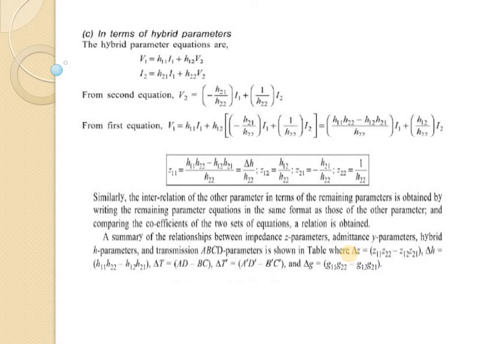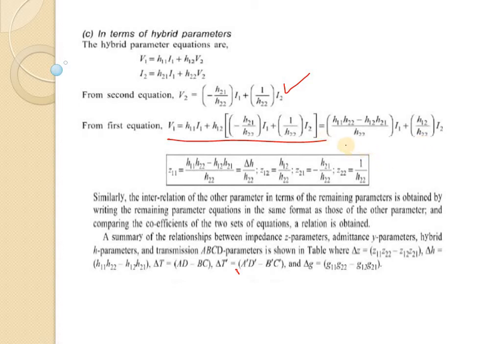We put this value of V2 in the first equation, and we have got that V1 equals H11 I1 plus H12 into minus H21 by H22 into I1 plus 1 by H22 into I2.